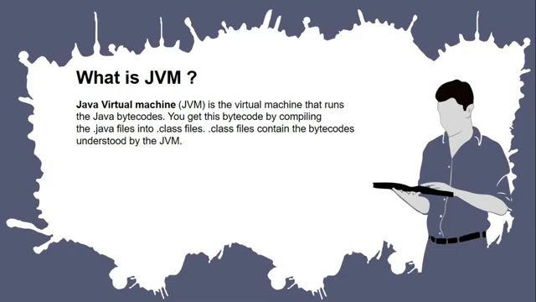You have to do it two times, once for Linux and once for Windows. But in Java, all you have to do is convert the source code into the .class code a single time, and that single .class code can be run on Linux, Windows, and any other platform via the JVM. So the JVM is platform dependent, but the .class code is platform independent. Basically, bytecode is platform independent.